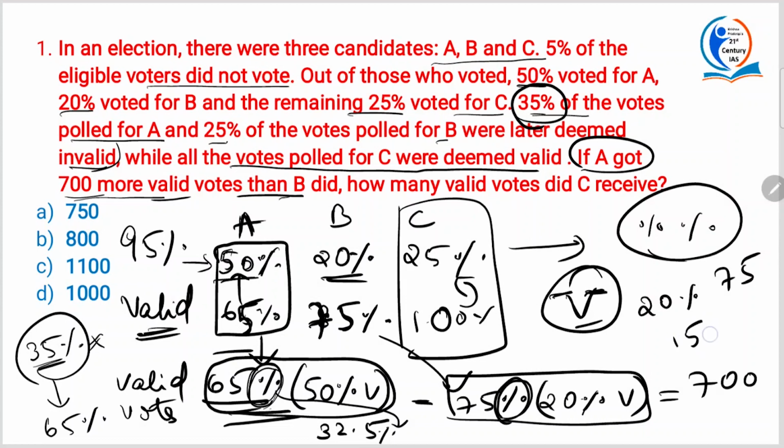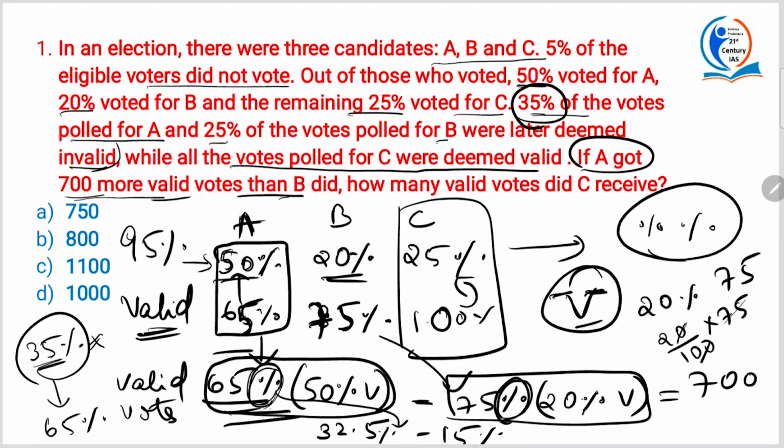However, if you are not well versed with it, do not take a chance. Write it down like this: 20 by 100 into 75. Now again, don't cancel; 25 3s are, 25 4s are. If you want you can do that, but direct multiplication would be easy here. 75 2s is 150, right? 150 by 10 is 15, so it is 15%.